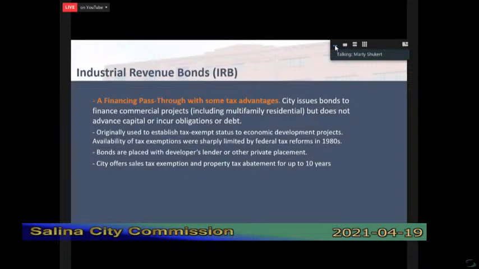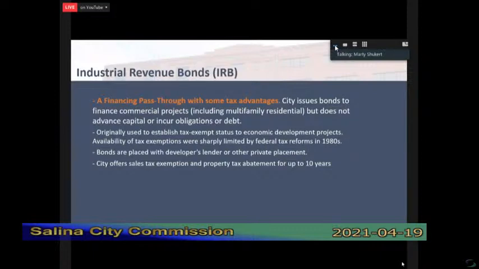So the sales tax exemptions on construction materials and so forth, and that is not an inconsiderable subsidy at the front end. And you have the power, although again, not the obligation, to provide property tax abatement on IRB-financed projects. Presumably, even if they're outside of NRP designated areas.